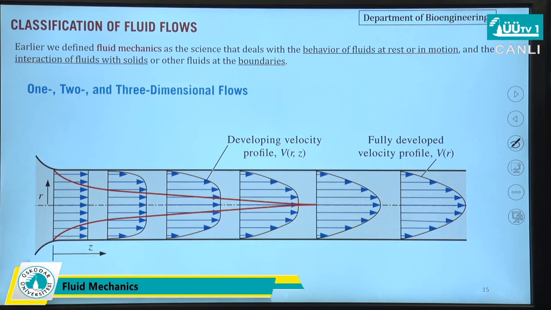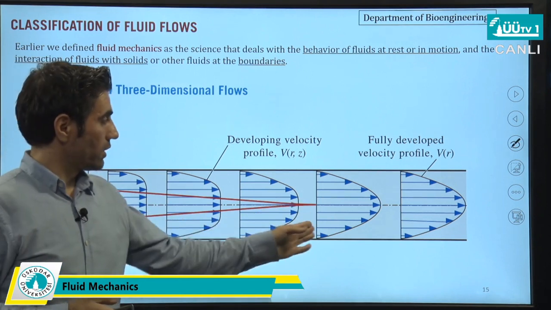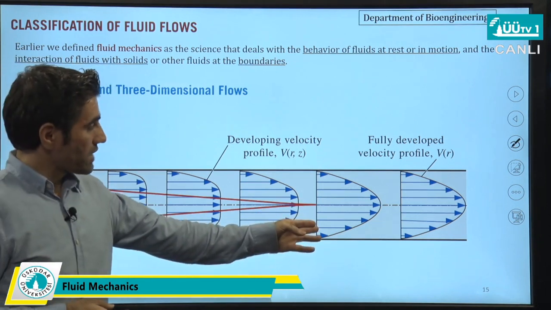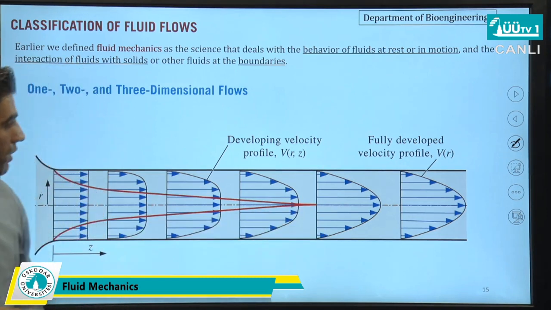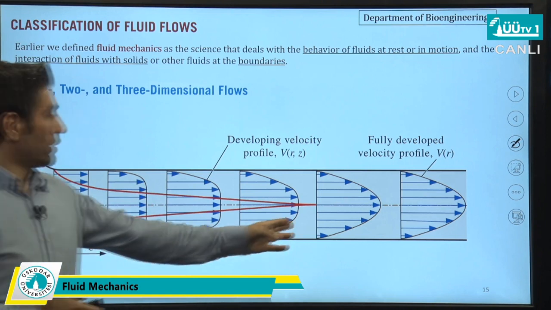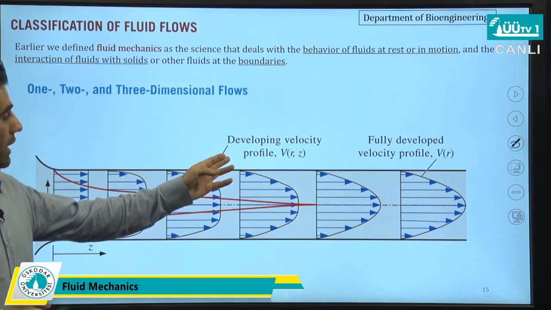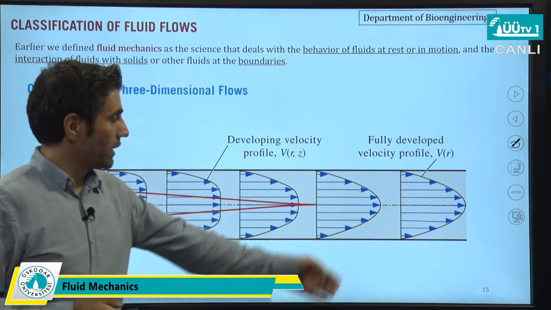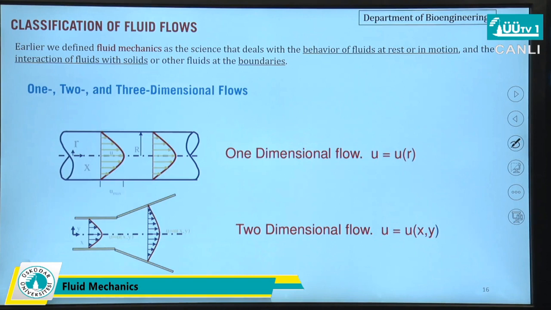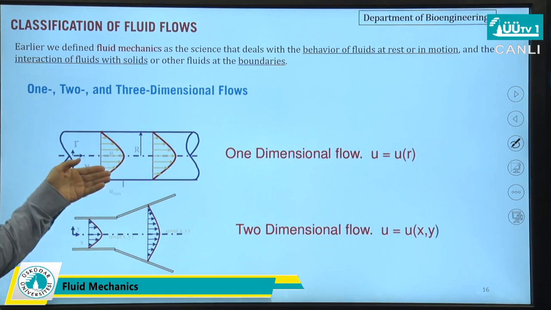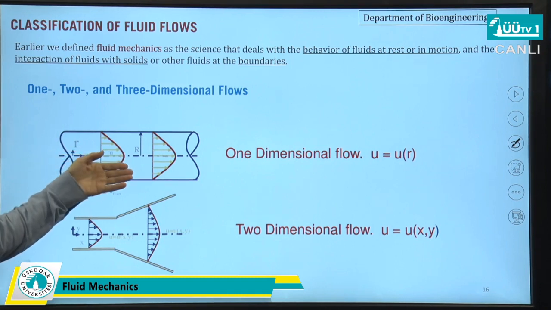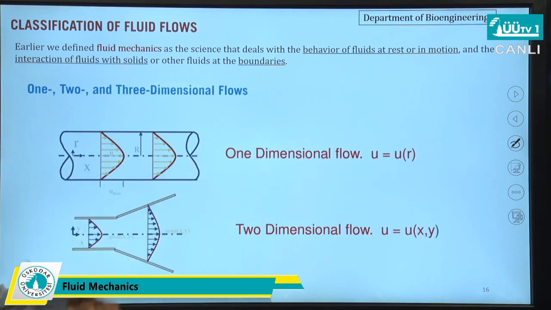After the velocity is fully developed, after this point, the velocity will change only in the radial or R direction. So we call the entrance distance flow two-dimensional, and this one one-dimensional. Or the flow of a fluid in this pipe, for example, which has a fully developed velocity profile, is one-dimensional, while the flow of a fluid inside a duct with different distances is called two-dimensional flow.